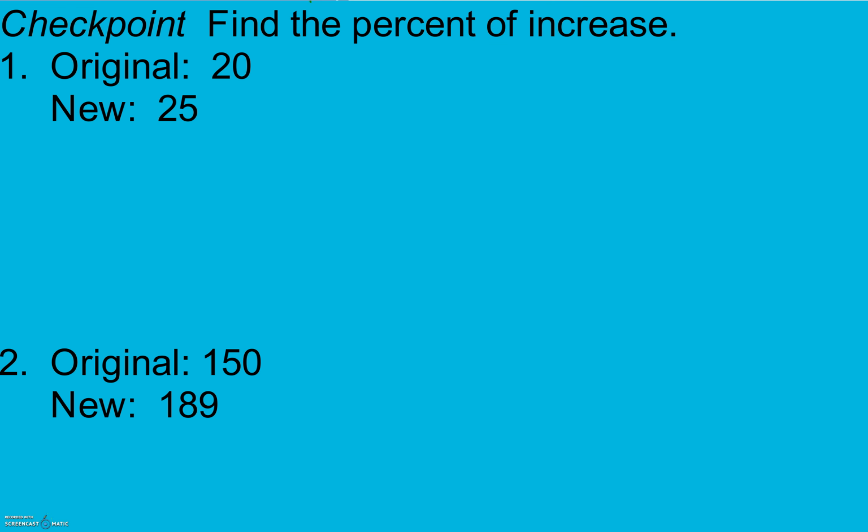Okay, so feel free to pause here and give these a try if you'd like. We're going to find the percent of increase. So again, it's going to be our change over our original amount. To find our change, we're going to take our bigger number minus our smaller number. Here we get 5, and then divide by our original, which is where we start here, 20.